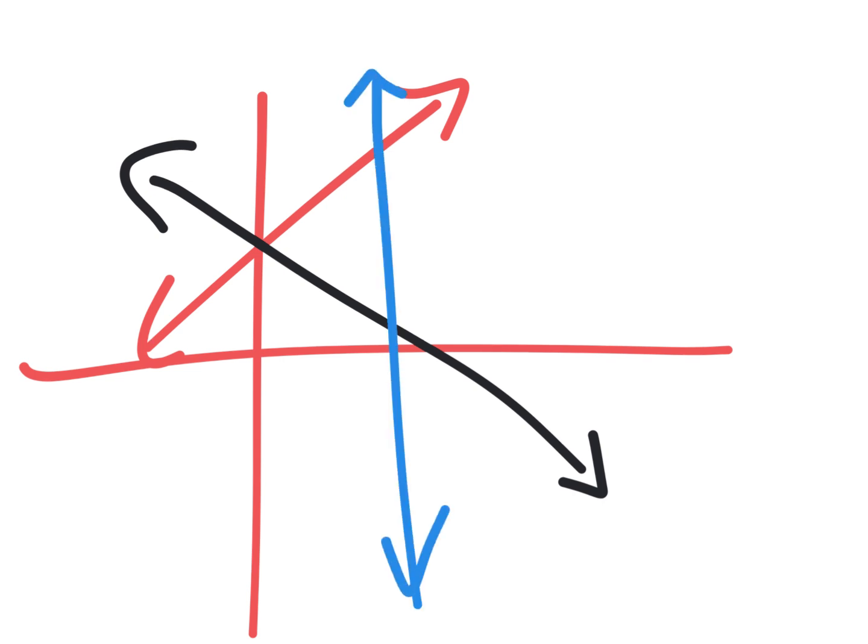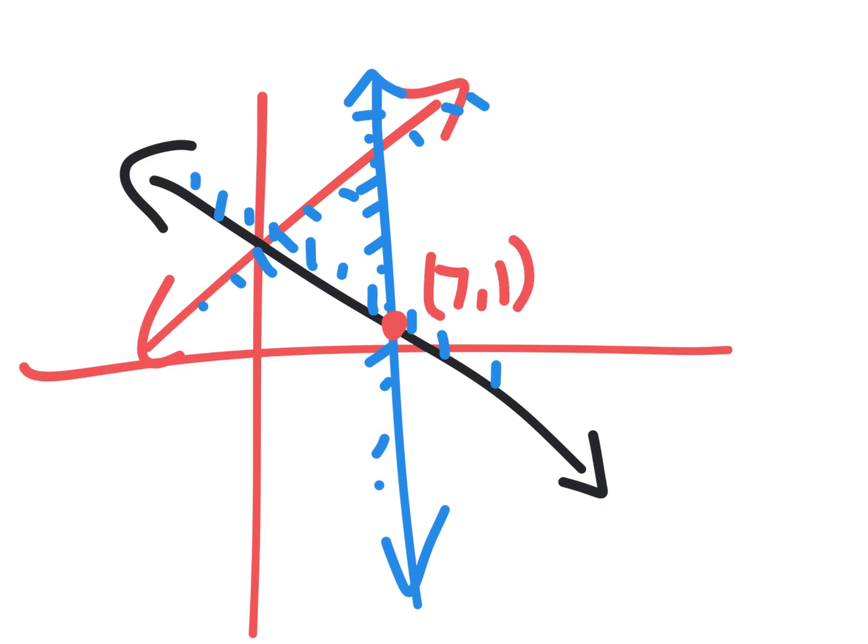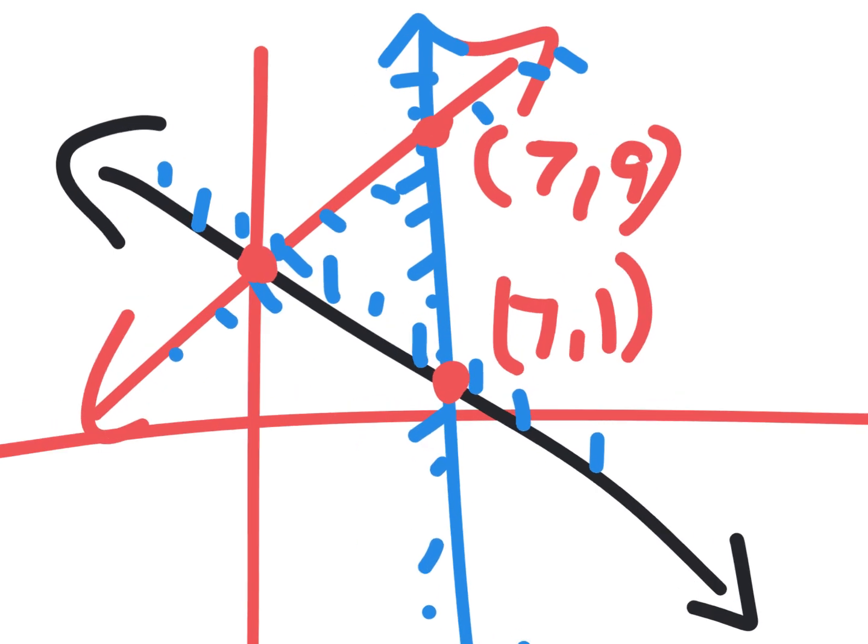From the shading directions, this one was shaded on this side, this is shaded here, and this is shaded here. You don't have to copy all this down, it'd take too long. I'm going to tell you that that vertex is at 7, 1. That vertex is at 7, 9. And that vertex is at 3, 0.